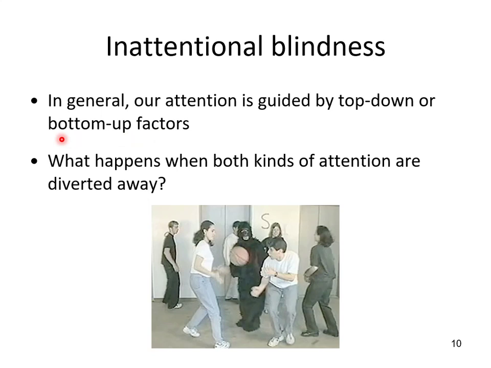Now, let's say the gorilla does not dress in black nor in white, but the gorilla dresses in pink. Do you think you will notice the gorilla? You should be able to notice the gorilla anyways. So what does it reflect? Bottom up, right? Bottom up attention.